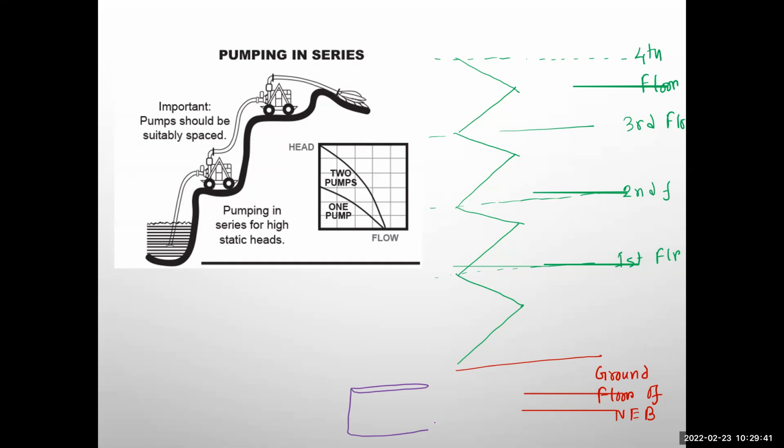Now we have one bucket of water, 5 gallons, and we have one cadet here and one cadet here.